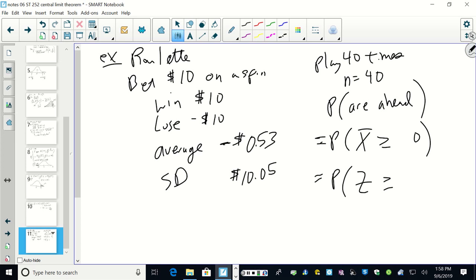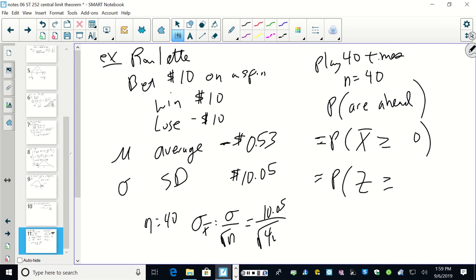So we're going to have this average. In the symbols, this was a mu, this was a sigma, and for n equals 40, this is the standard deviation of one spin. The standard deviation for x bar is this sigma over the square root of n. So it's 10.05 over the square root of 40, which is $1.59.